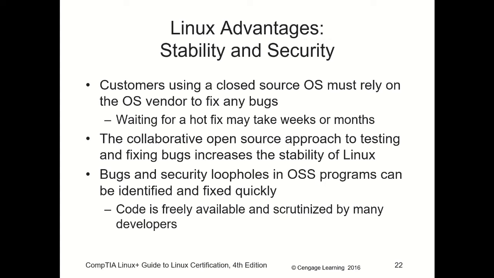The collaborative open source approach to testing and fixing bugs increases the stability of Linux. Bugs and security loopholes in open source software programs can be identified and fixed quickly. Code is freely available and scrutinized by many developers.